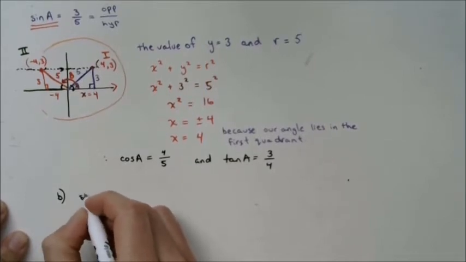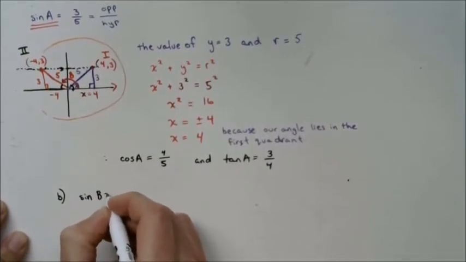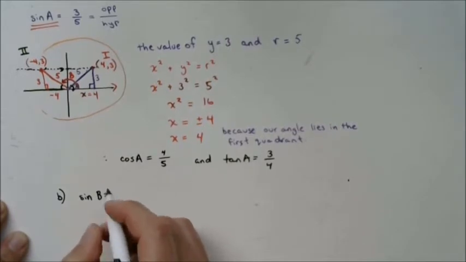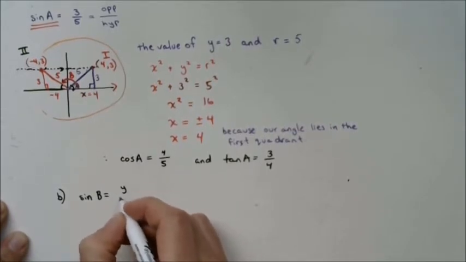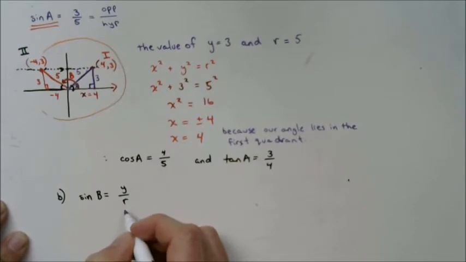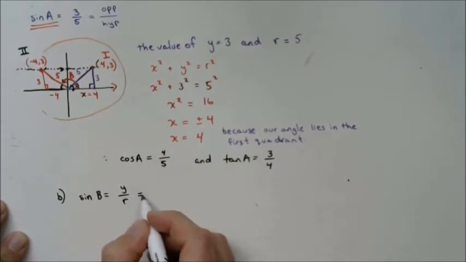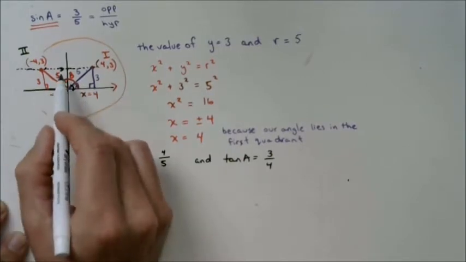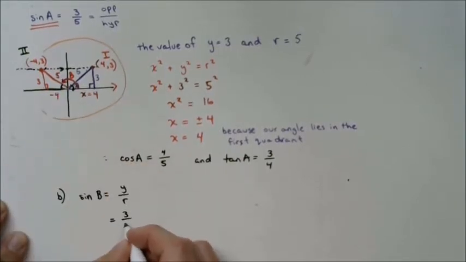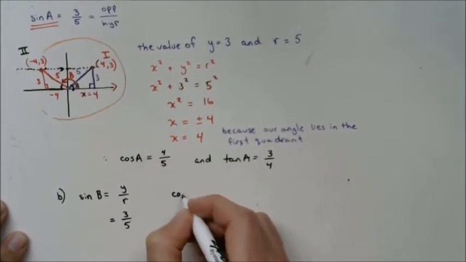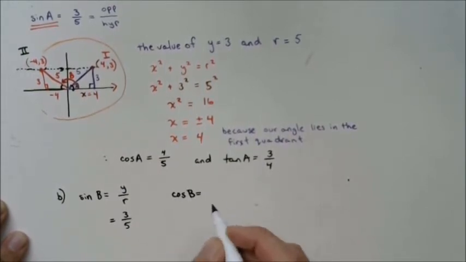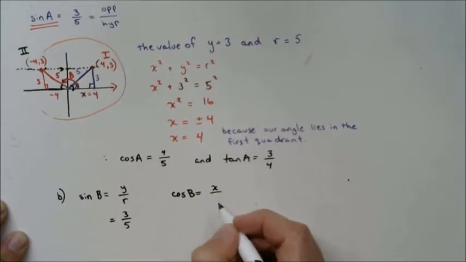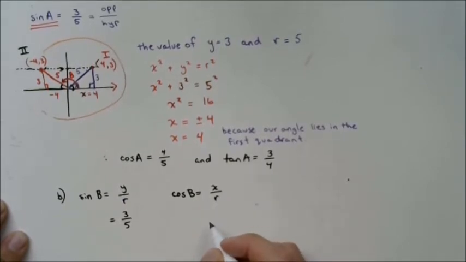So sine of B, well, we knew that had to be the same as the sine of A, but we can still write that it's going to be y over r, right? It's opposite over hypotenuse, 3 over 5. The cosine of B is adjacent over hypotenuse, or x over r.